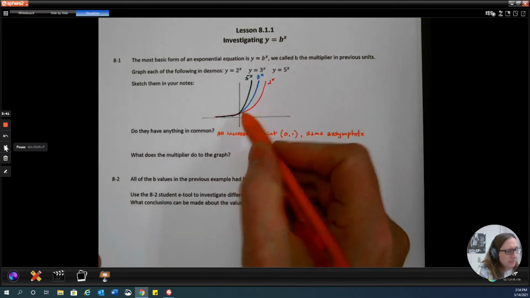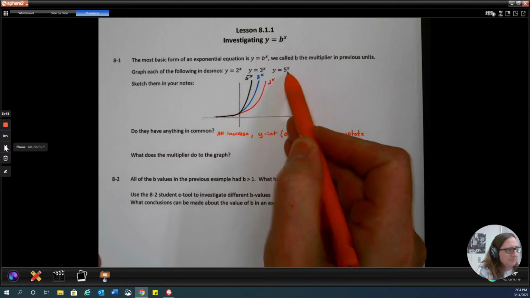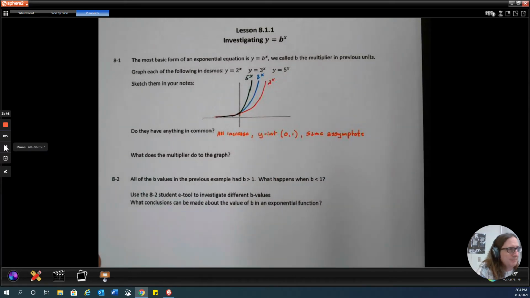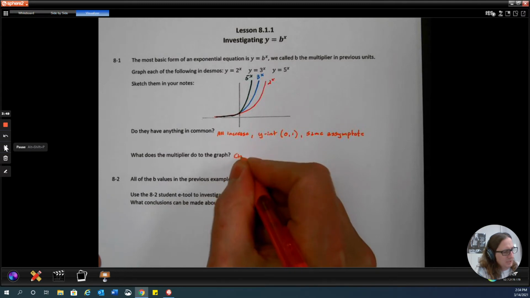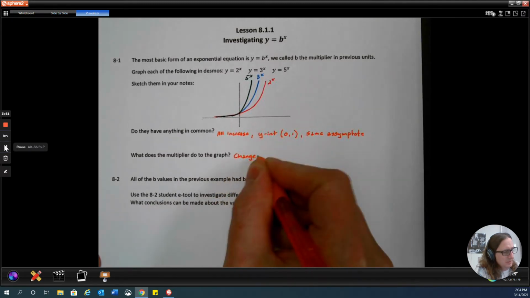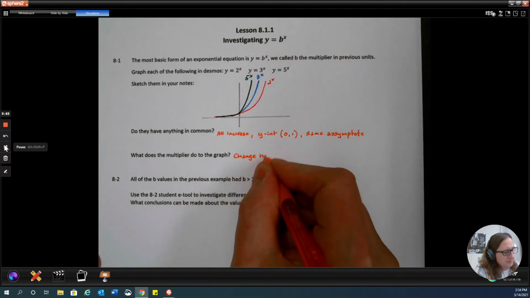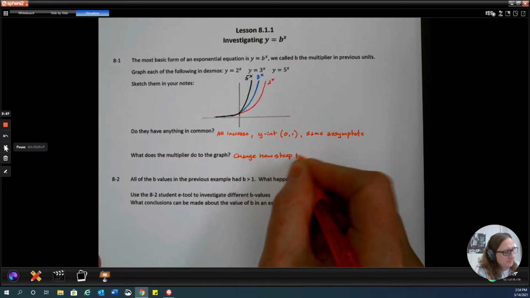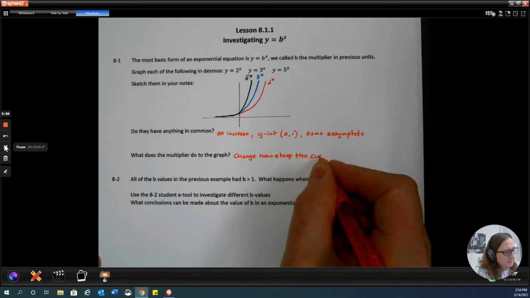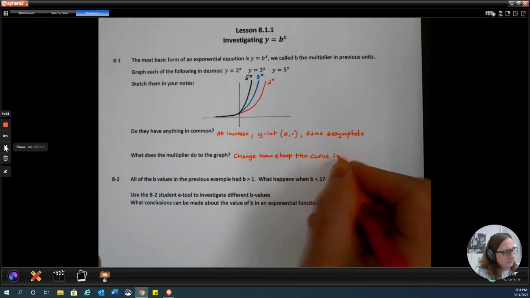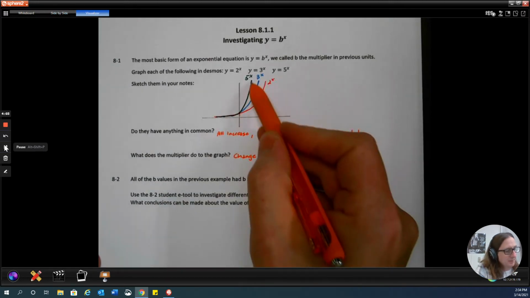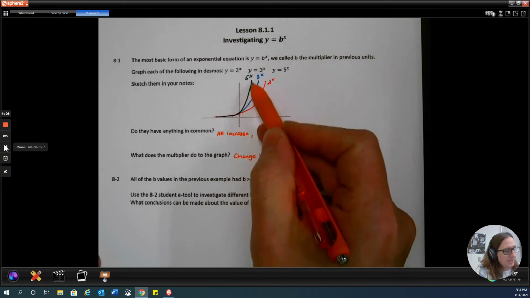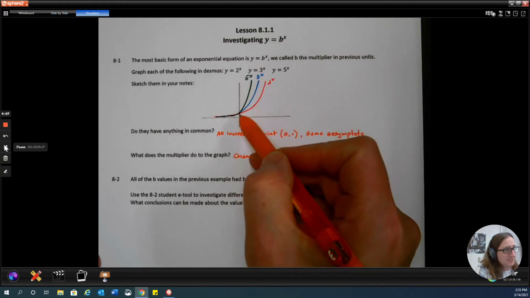Okay, so the multiplier, the 2, the 3, and the 5, change the steepness of the graph. So they're all going to change how steep the curve is. So if we've got a bigger number as our multiplier, the graph is steeper, the curve is steeper.